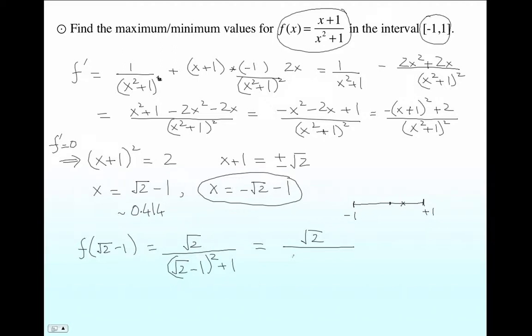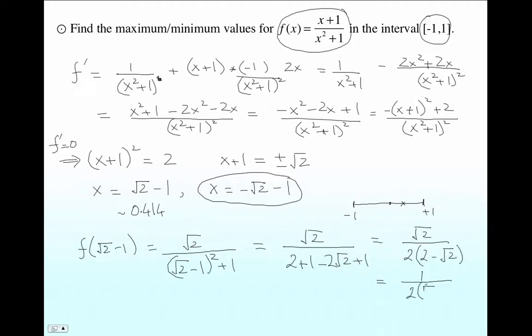I'm just simplifying a little more, and at the bottom we have 2 plus 1 minus 2 root 2 plus 1, and that's square root of 2 divided by 2 into 2 minus square root 2, and that's going to give us 2 into square root of 2 minus 1. Or just work this out, this becomes 1.207.